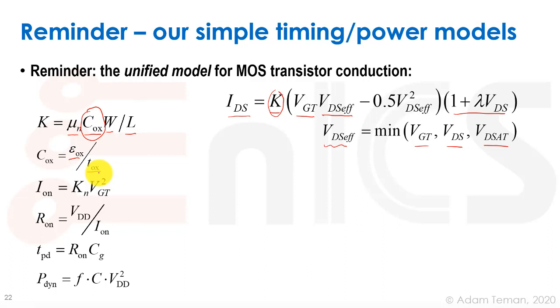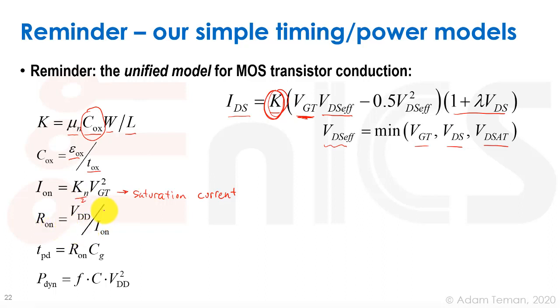We can also look deeper and say what our on current is. Our on current is basically our transconductance K times VGT squared if we're in saturation. That's like a saturation current. It's actually Kn over 2, but it doesn't matter because it's proportional to Kn. Then we get our on resistance.